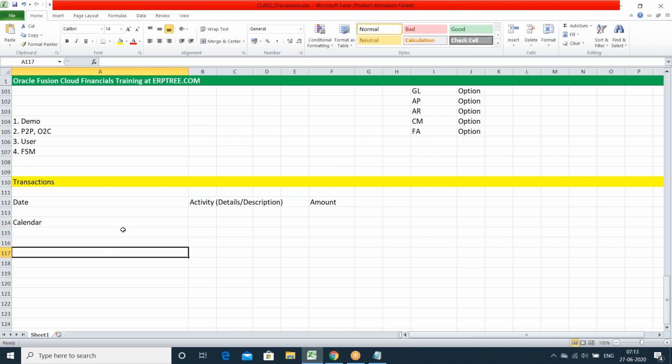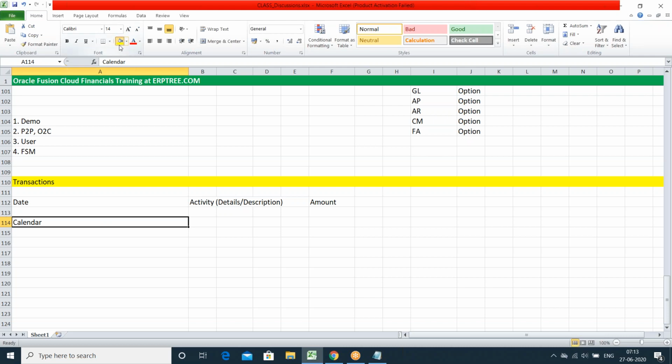How to create the calendar in the system? It's very simple. For whichever country's client you are going to do the implementation, accordingly we have to create the calendar in the system. Say you are going to do the implementation for an India client.